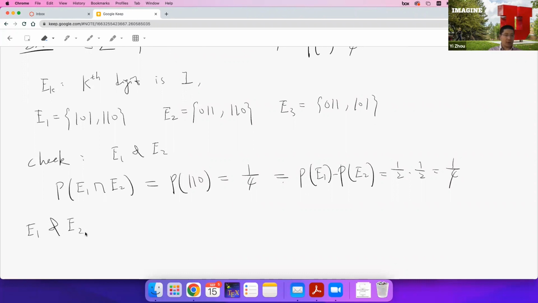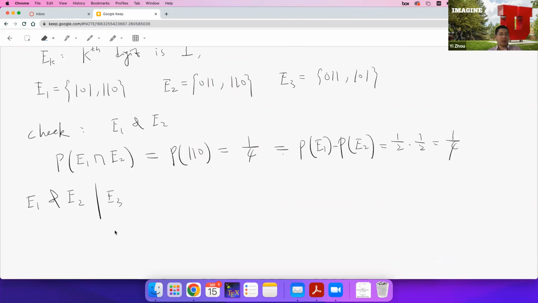Then we check the independence between these two conditioned on E3. By definition, we need to look at this joint event conditioning on E3.